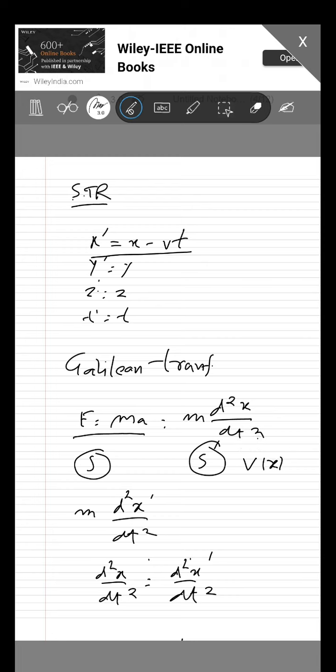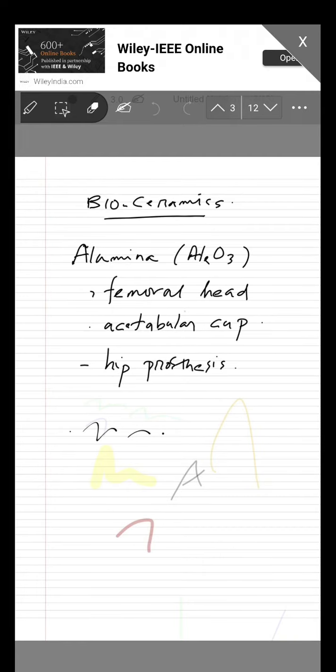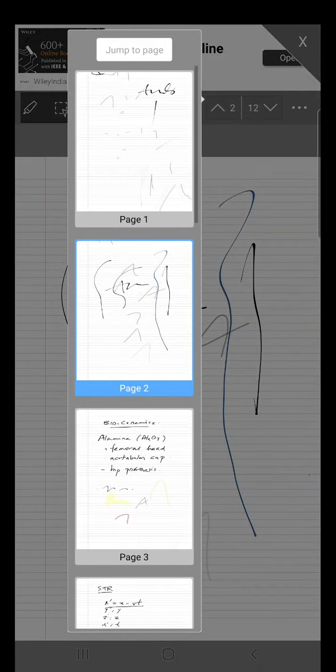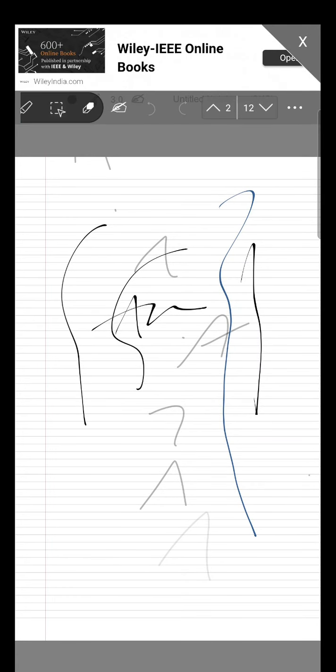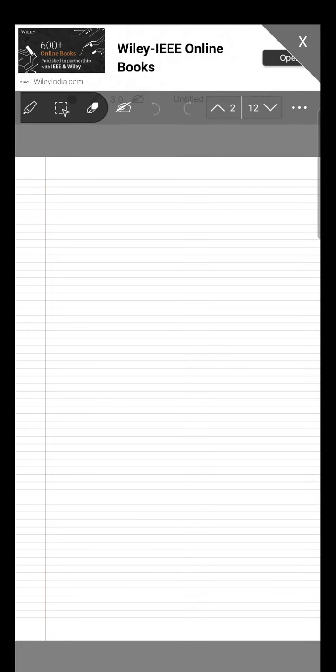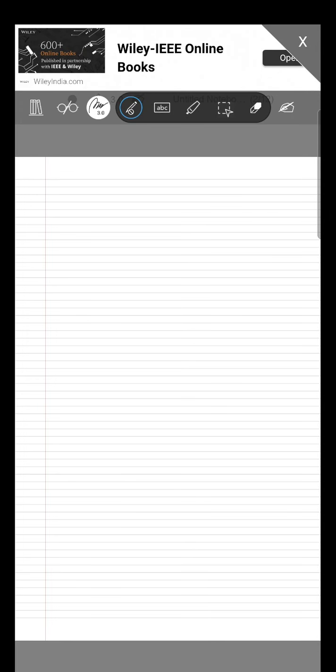And then we will have the following postulates of STR. The first one is that the laws of physics are equally applicable in all inertial frames of reference.